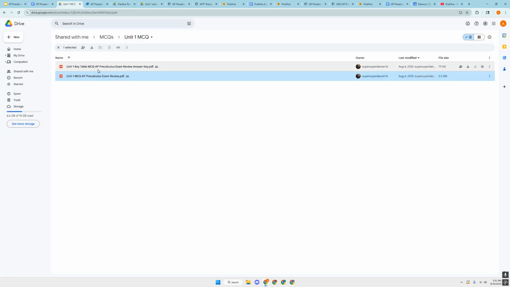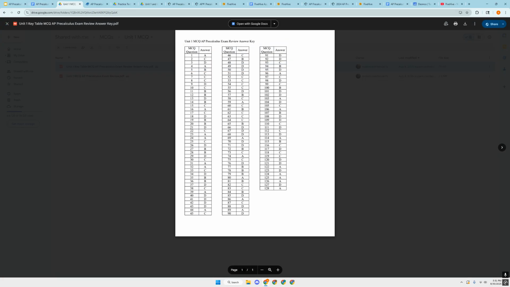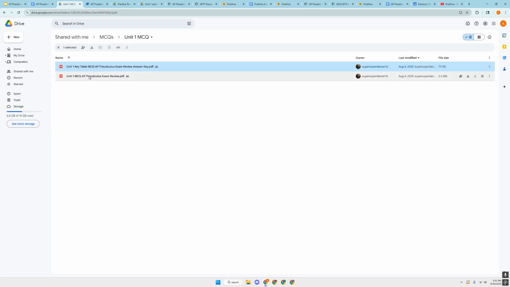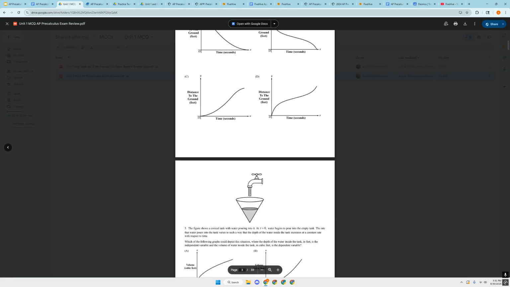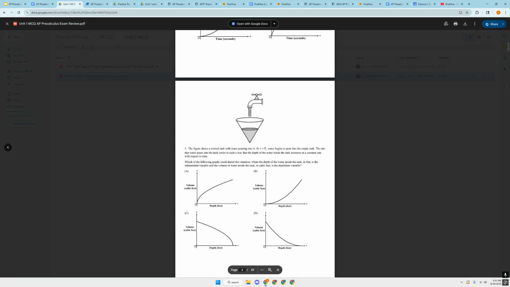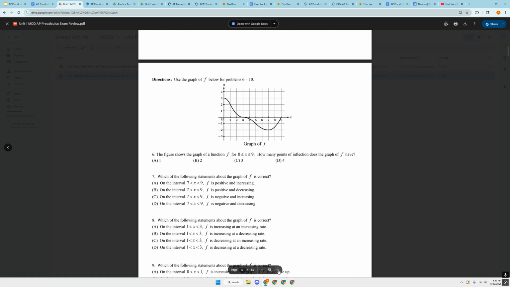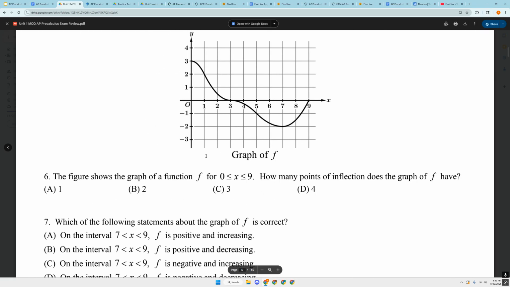So 6 is C. Alright, 6 is C because there's 3 points of concavity. The first point of concavity is around here at 5. There's another point at I think 2 and at like 1.5 and like 2.5.